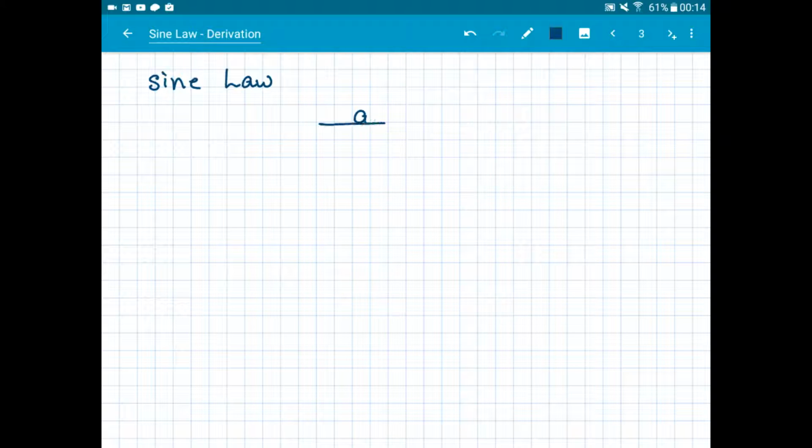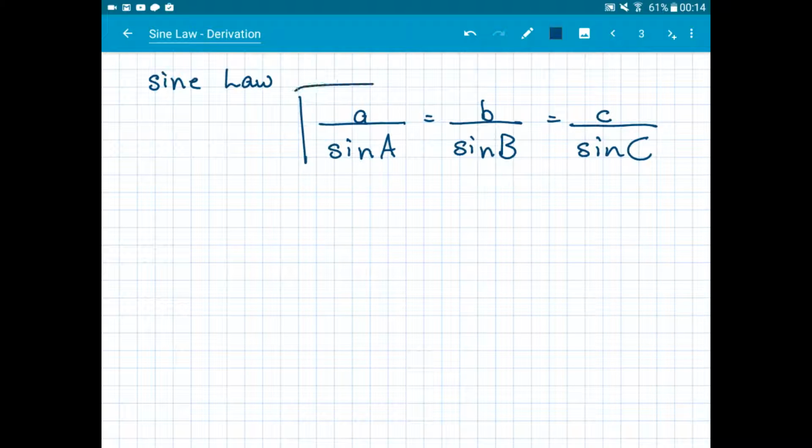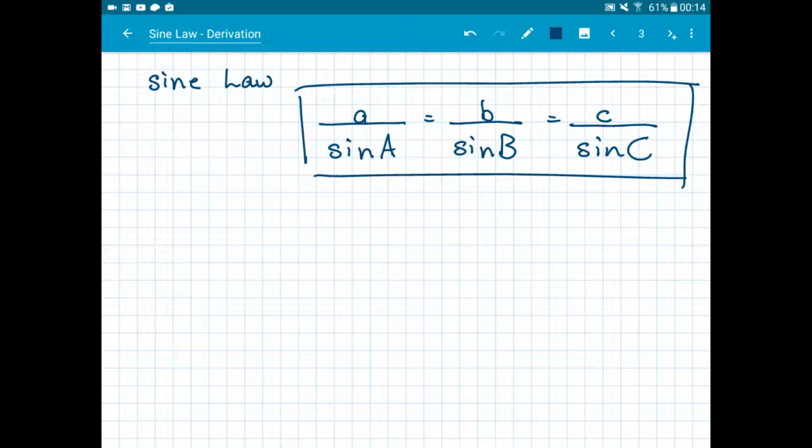So we could have written it like this: a over sine A is equal to b over sine B is equal to c over sine C. And so there you go. This one is good for finding sides because the sides are already on the top.